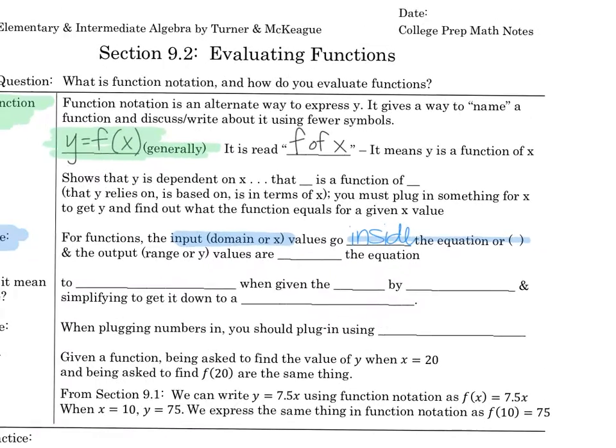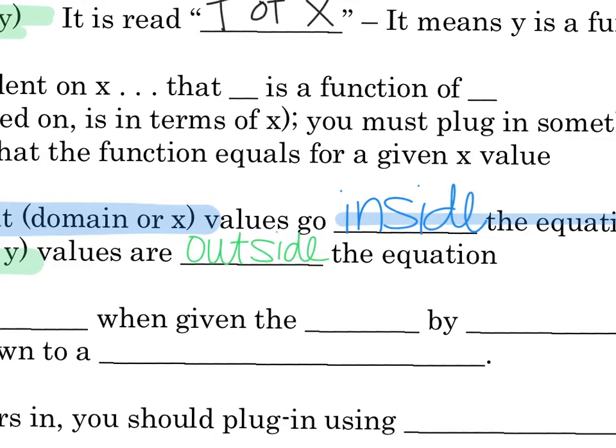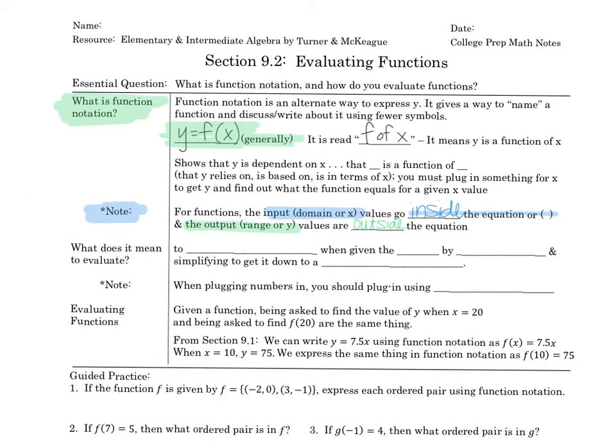So if the domain is inside the parentheses, that means the output or the y values are outside the equation. So they're what the equation equals. So that's function notation in a nutshell.